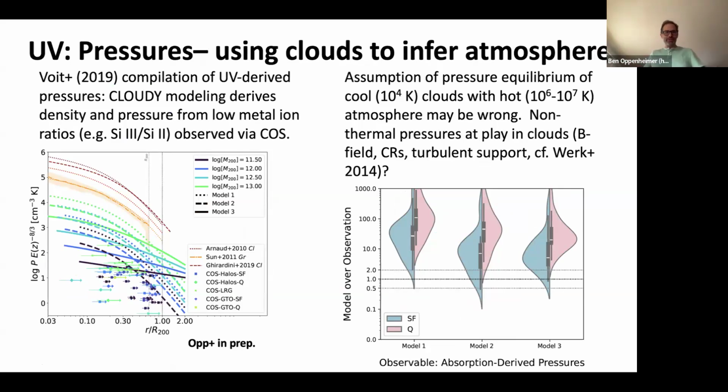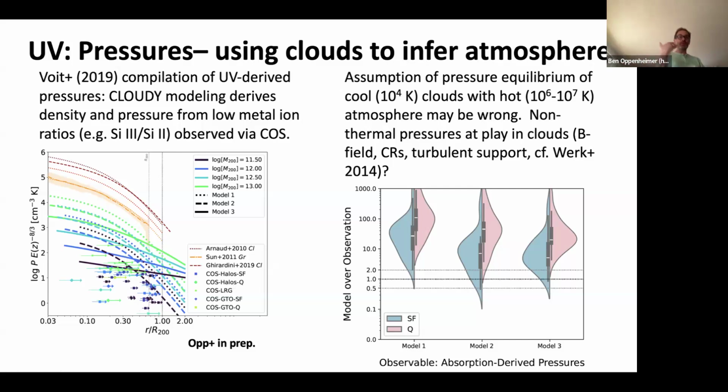Mark Voigt has compiled these, working with Jess Werk, and others, and Xiaowen's group, and just a whole set of observations from COS Halo, COS LRG, COS GTO, showing the individual data points and our models, which have higher pressure.